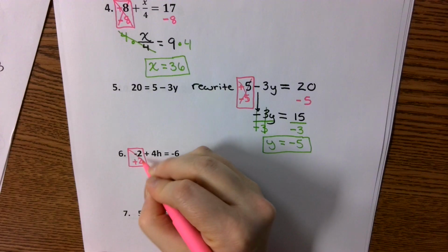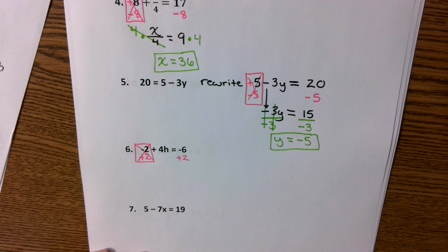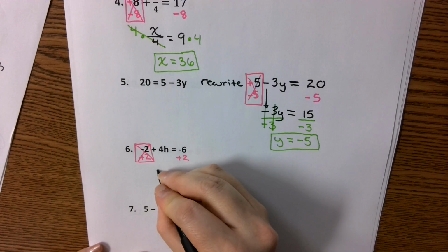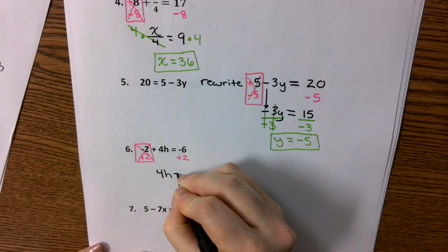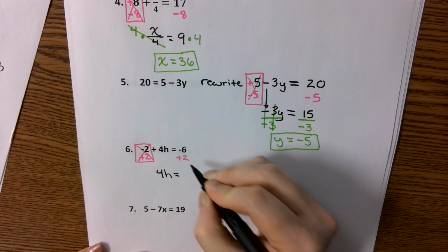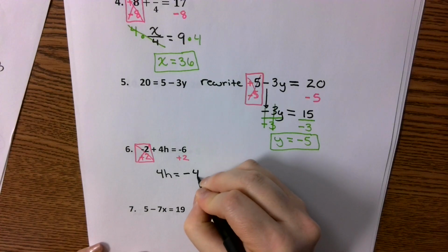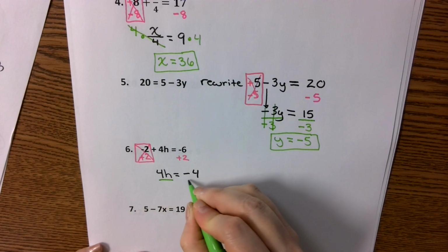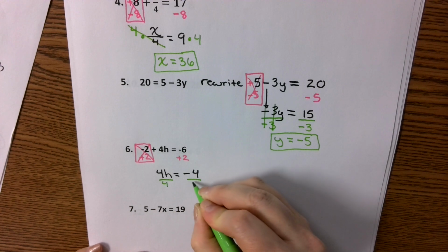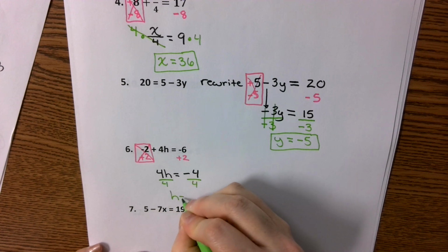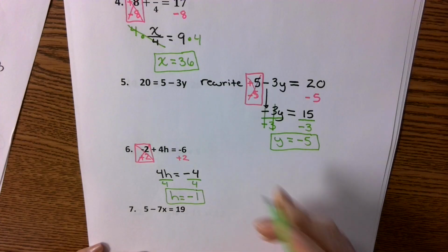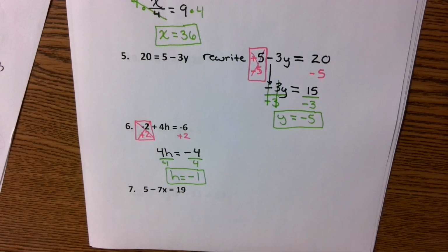The 2s are going to get boxed and crossed. We're left with a positive 4h, and the negative 6 plus 2 is negative 4. And our last step is to divide both sides by positive 4, and we'll get h is equal to negative 1. So you should have gotten negative 1 for problem number 6.